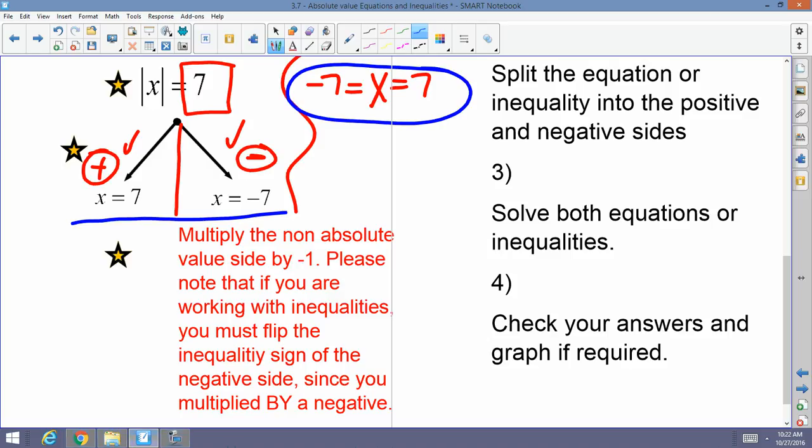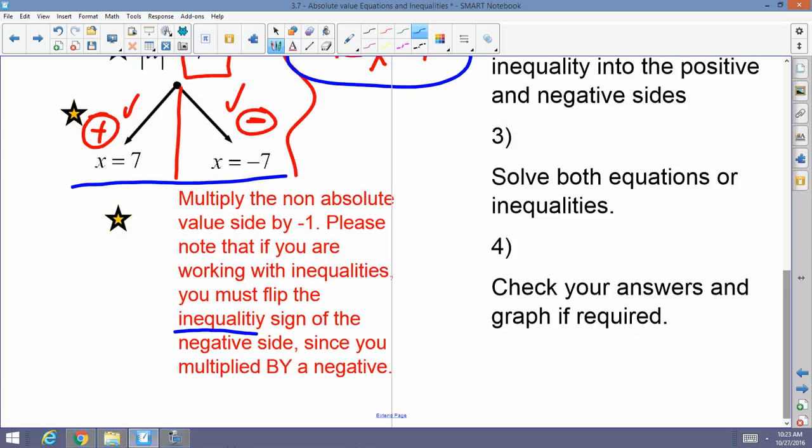So you're going to multiply the non-absolute value side by -1. Please note that if you are working with inequalities, you must flip the inequality sign of the negative side because you multiply by a negative. And that's, in a nutshell, how you solve absolute value equations, graphs, and inequalities.